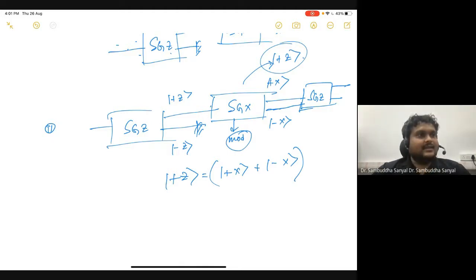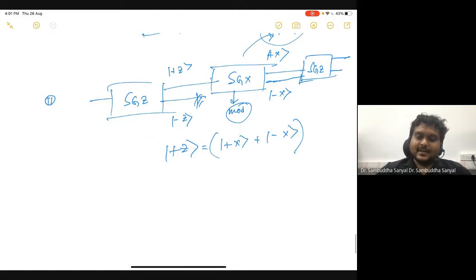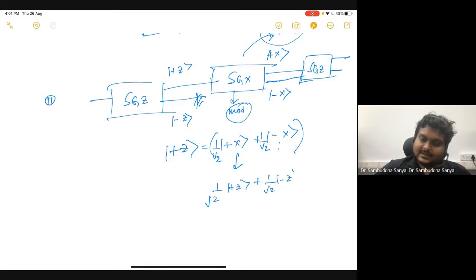To explain that, you go to the formalism and show it. So how can you get a combination of these to give you plus Z and minus Z? Plus X is basically 1 by root 2 plus Z plus 1 by root 2 minus Z.